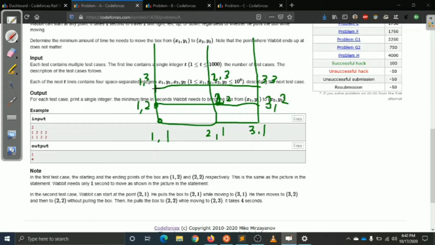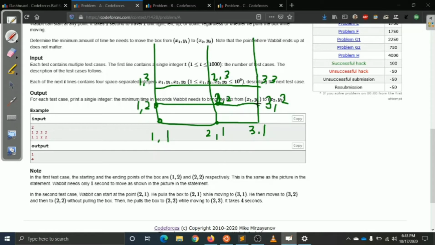It means we have to take two more steps to calculate the actual difference between x1, y1 and x2, y2, because you are not supposed to go diagonally, so that's why you have to do one more extra step.